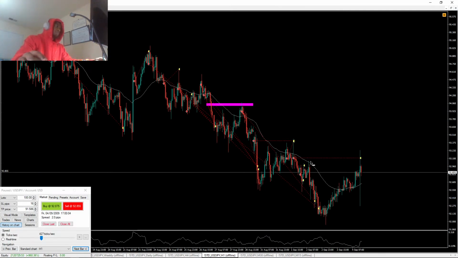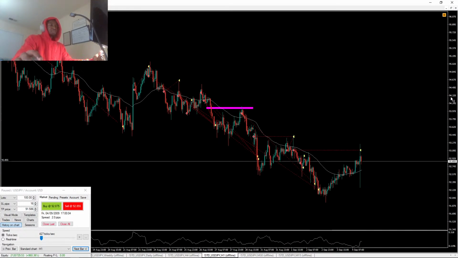Is the setup completely valid? It's not completely valid. The legs in this situation are overextended. They're past my levels of interest, so I can't take it anyway.